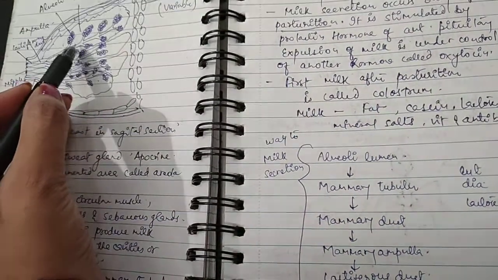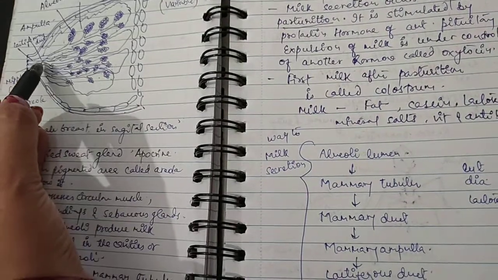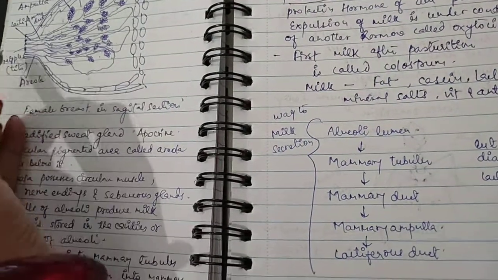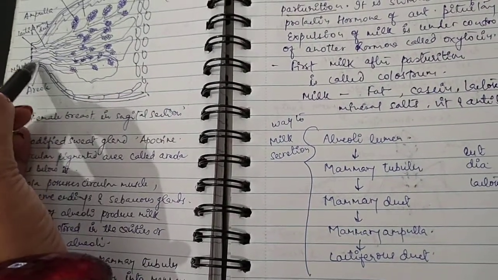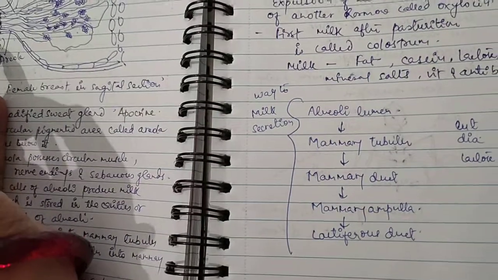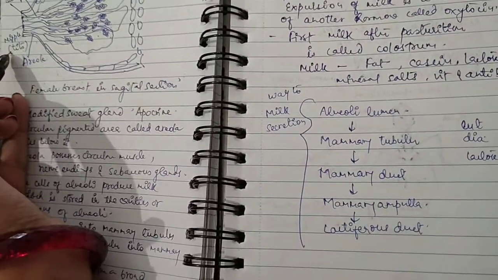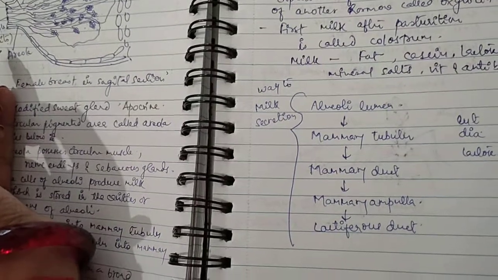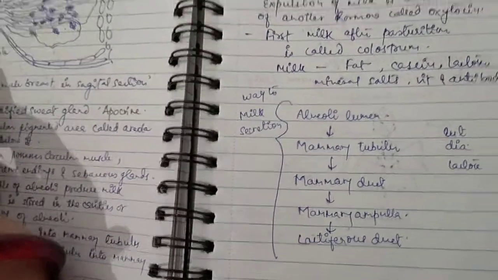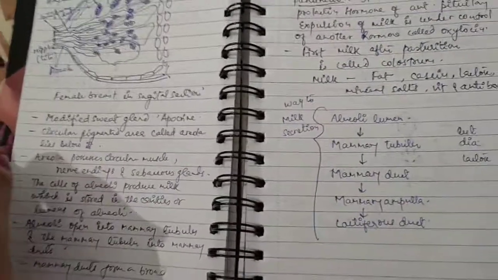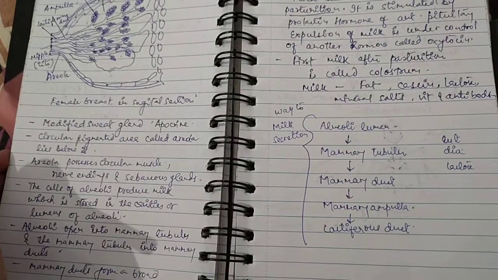These are the tubules, then these are the ducts, then these are the ampullas, and then lactiferous ducts, which are present here, and then through teats or nipples it comes out of the body. So this is all about the mammary gland and its secretion.